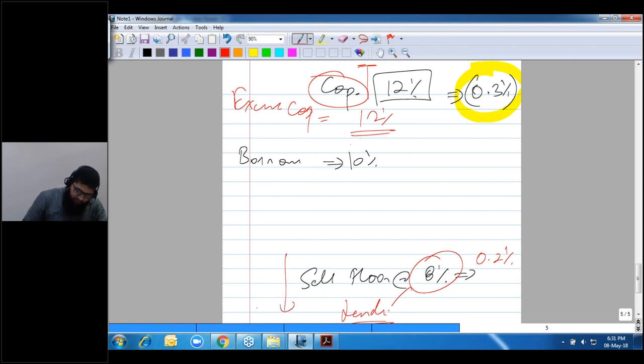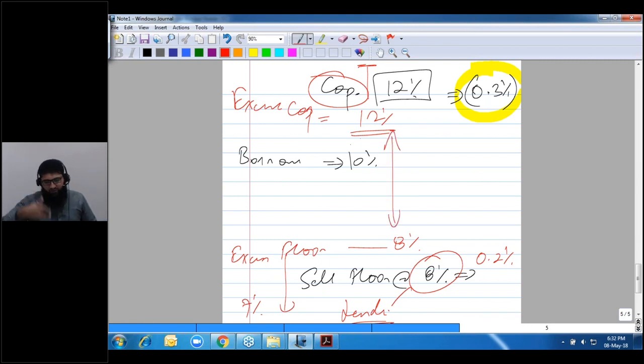If the interest rate goes down to, let's say, 7%, the lender exercises his floor and the interest rate is restricted to 8%. So in an interest rate collar, your interest cost fluctuates between 8% and 12%.